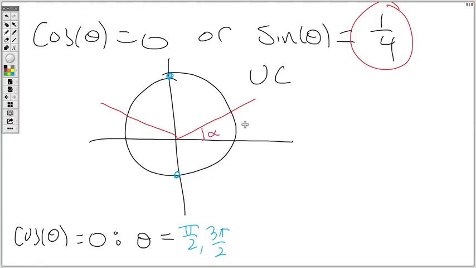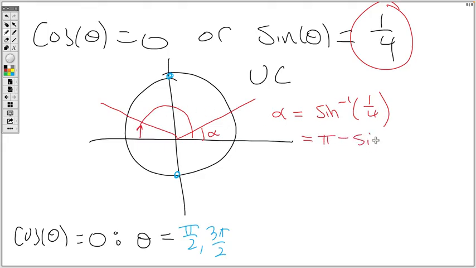So we'll call this angle here alpha. So we need an angle in quadrant 1 whose sine is a quarter. So that's going to be the inverse sine of a quarter. And then to get this angle here, I have to back up a quarter.